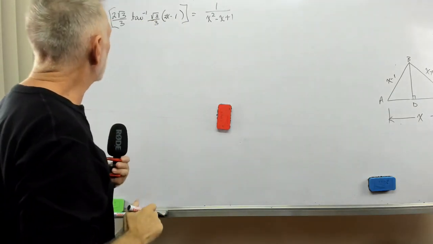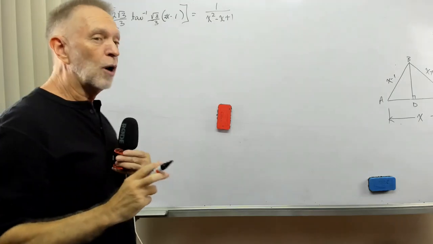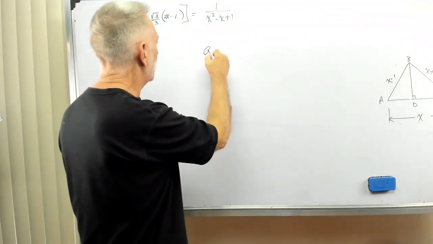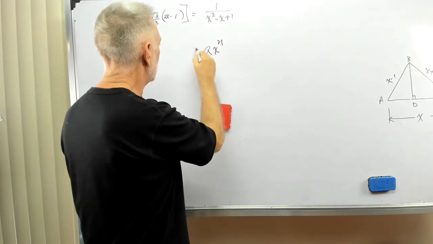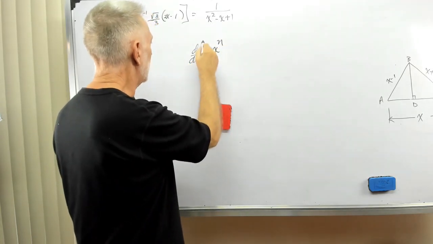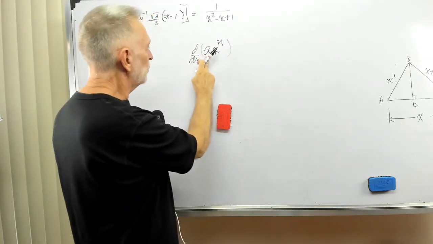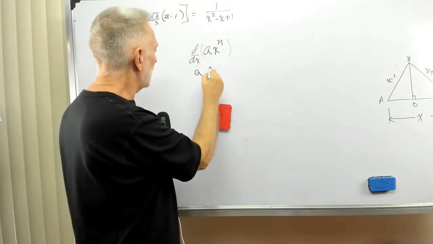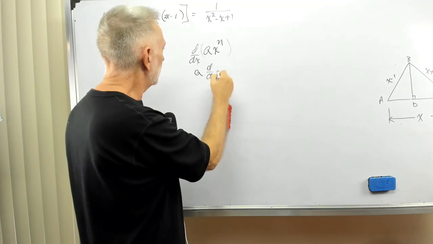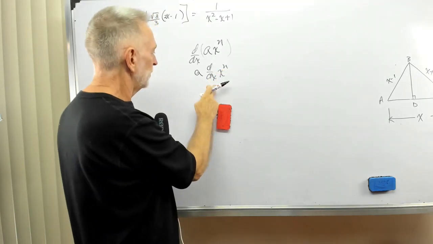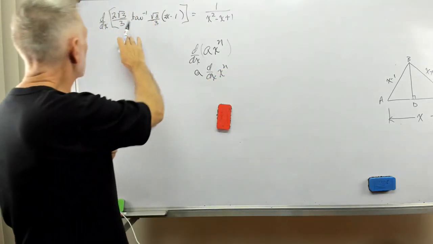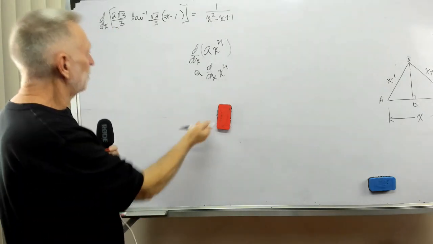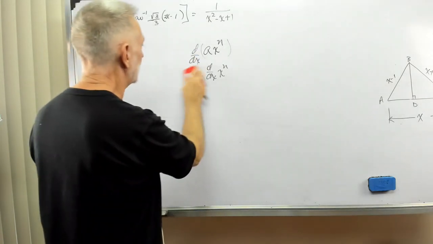Now you know from the constant multiple rule, if we have a x to the n and we're taking the derivative of that, we can move that constant to the outside. We can say that's a times the derivative of x to the n. Well, that's what we're going to do here. We're going to take this 2 square root 3 over 3 and move it to the outside.